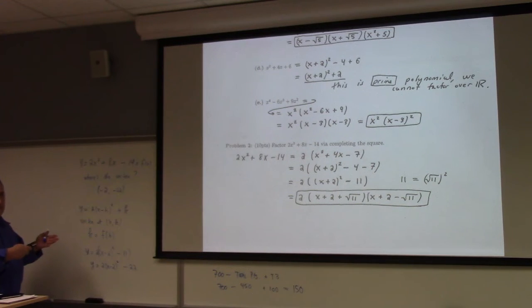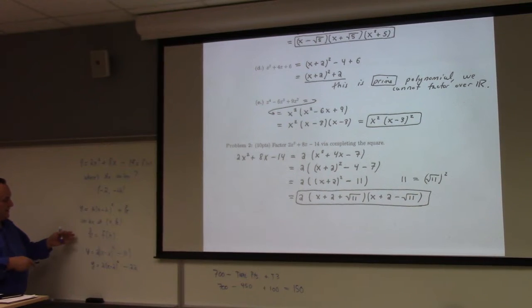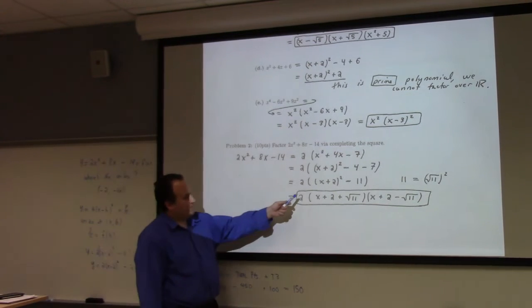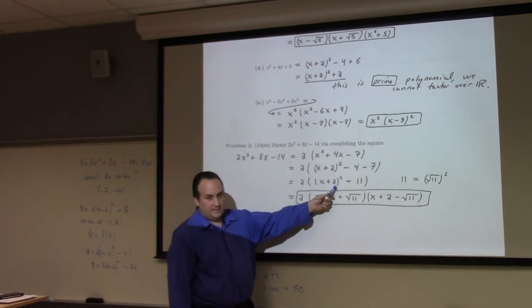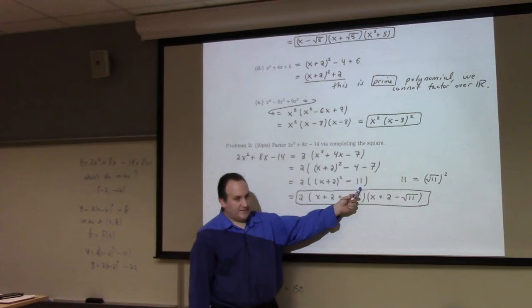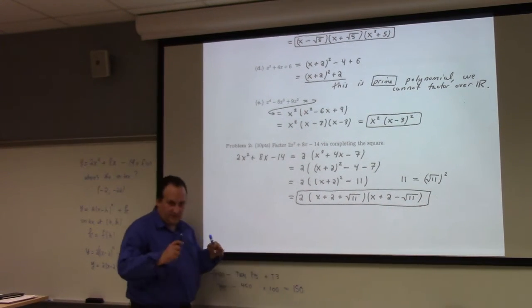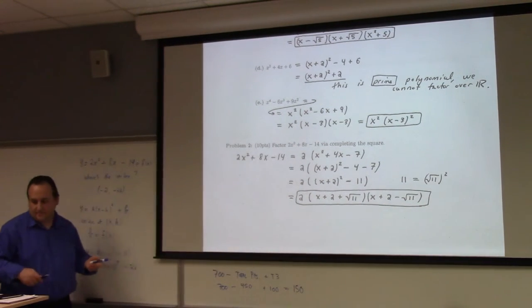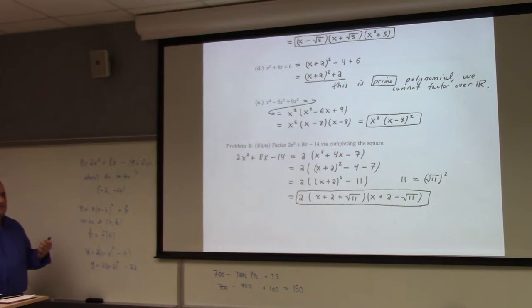And if you think about plugging -2 into the formula, what happens? This becomes 0, and you get 2 times -11, which is -22. So there are various ways of seeing this, but I mentioned that to be fair to you guys because I've mentioned it to other sections.